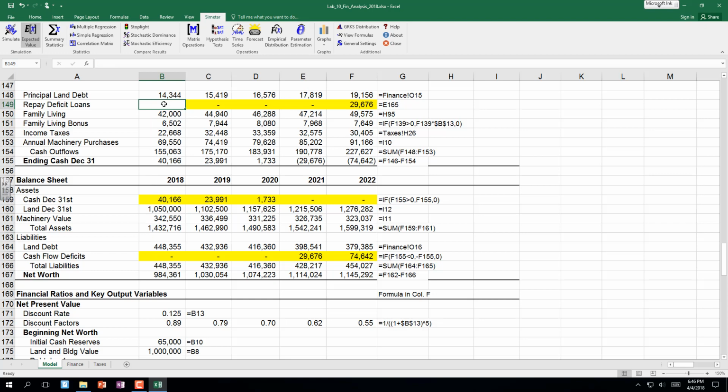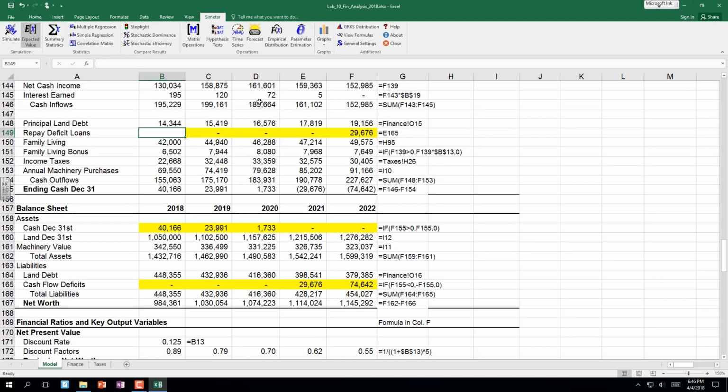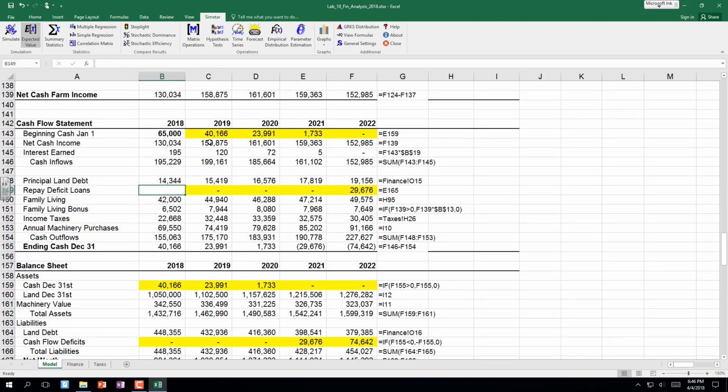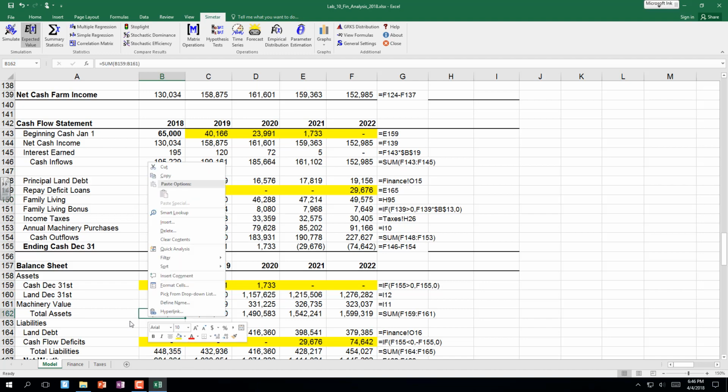Then you're okay. But with circular references, if you went more than one step past that, you could never undo it. You just couldn't figure out where you were at. Okay. So right there we have a model.